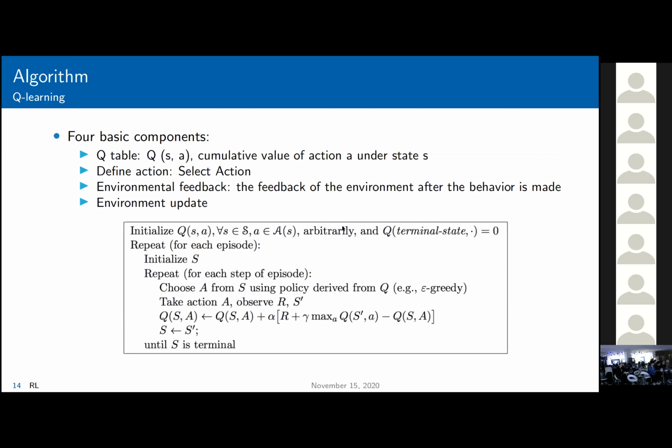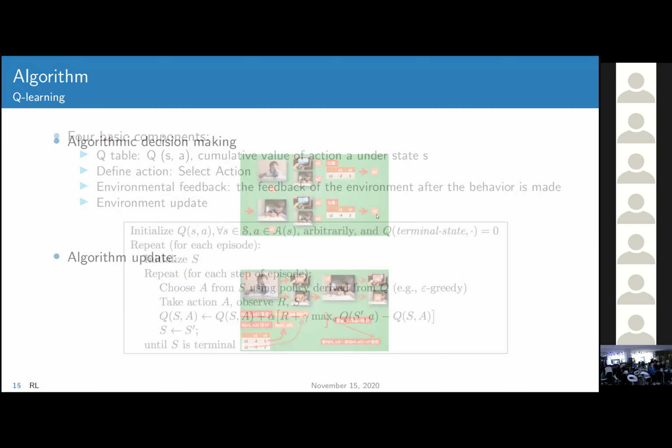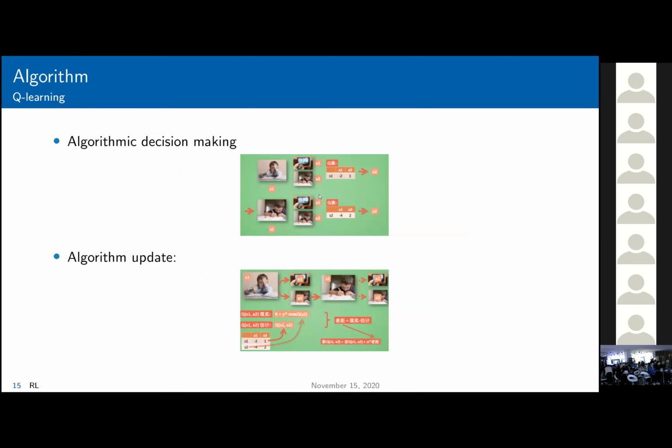So the main idea of the algorithm is to construct the state and action into a Q table to store the Q value, and then select the action that can obtain the greatest benefit based on the Q value. The first picture is about how Q-learning makes decisions, and the second picture is how the Q table is updated.